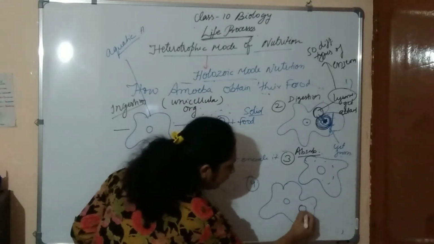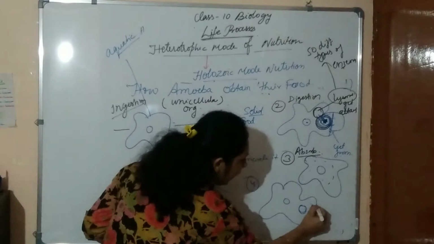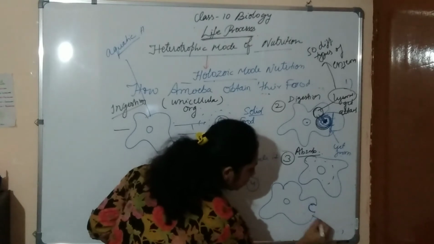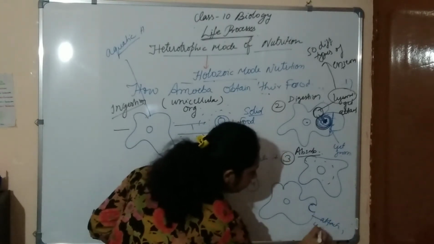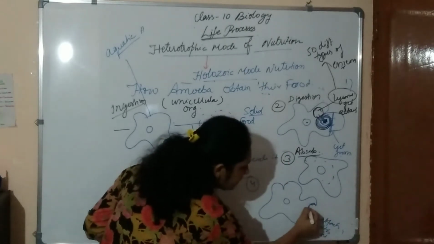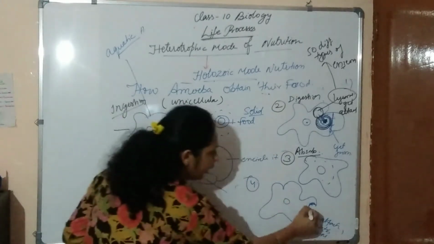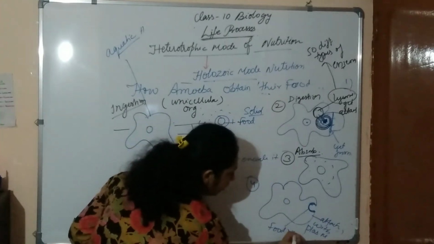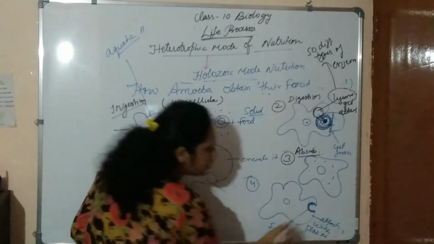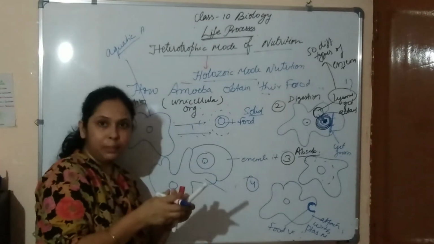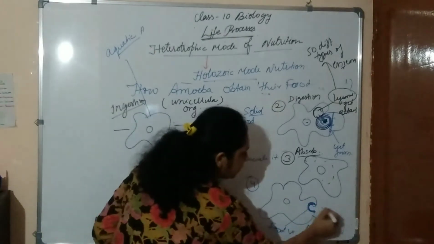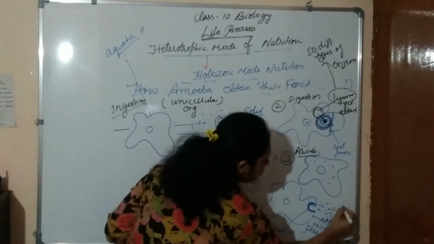The food vacuole comes near the plasma membrane, and it gets attached with the plasma membrane. And what happens? Once attached with the plasma membrane, the undigested food is released.